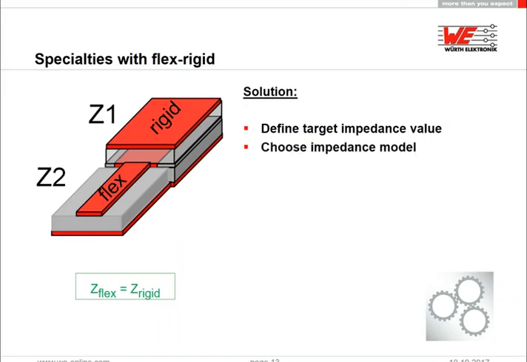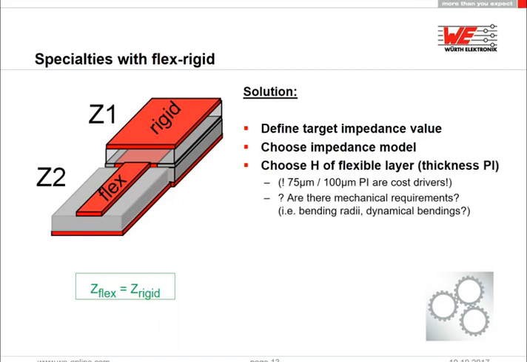Then we have to choose a practical impedance model for the layout. We have to choose the thickness of the polyimide. The standard thickness is 50 micron, but 75 micron helps to get wider traces in the design. So that's better for production and for the yield.